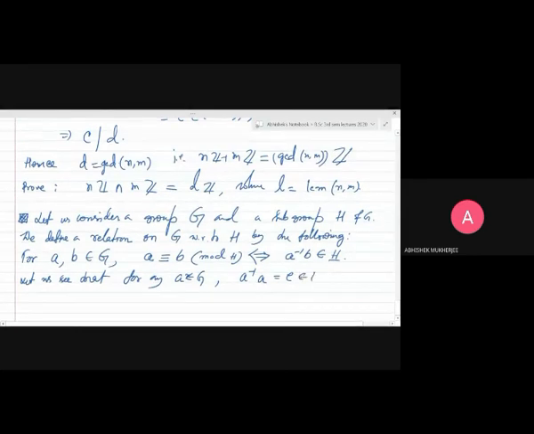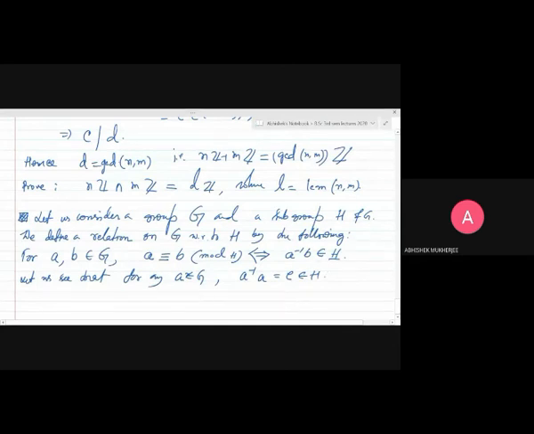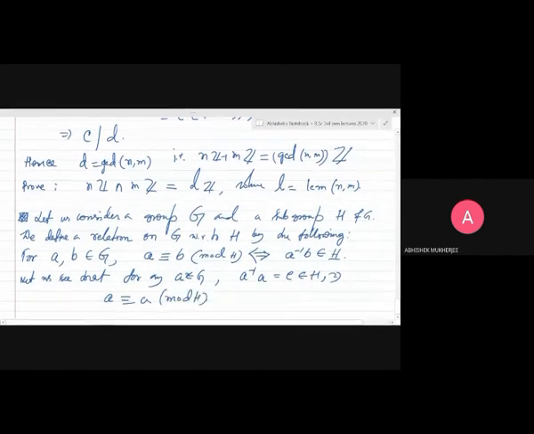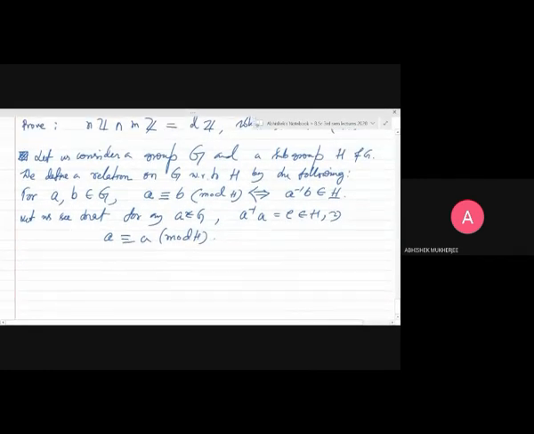So e belongs to H. So A inverse A belongs to H implies A is congruent to A modulo H. That means this relation is reflexive.